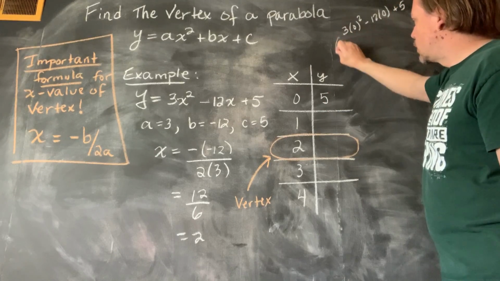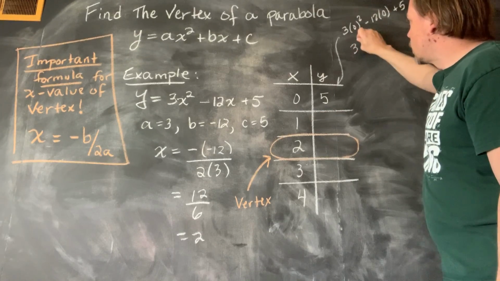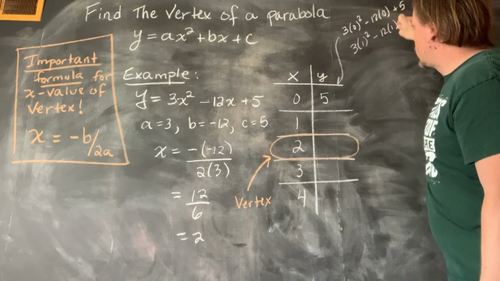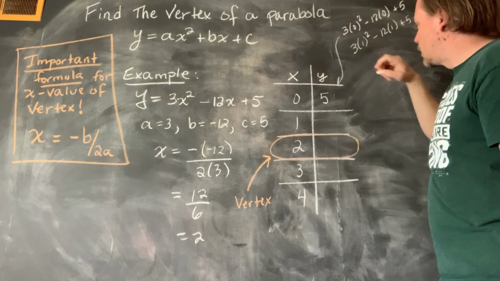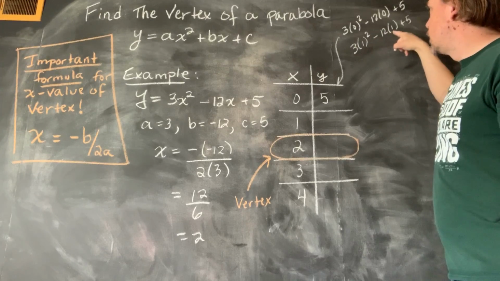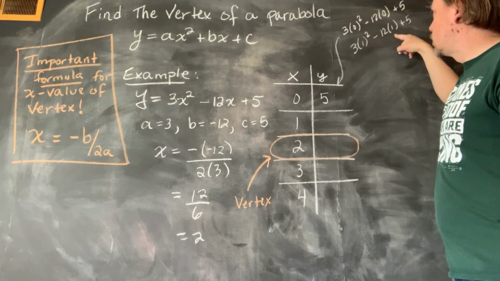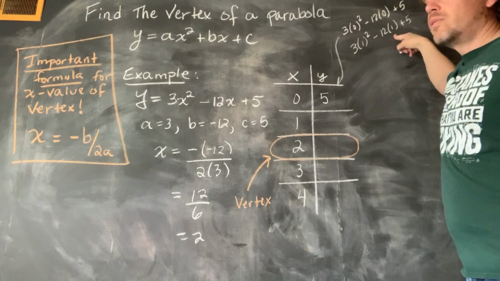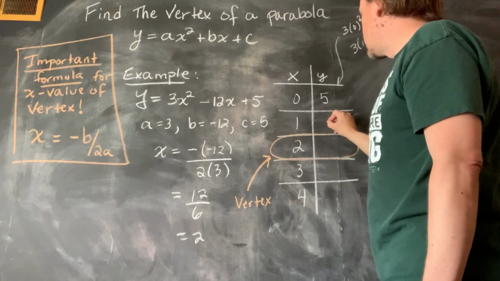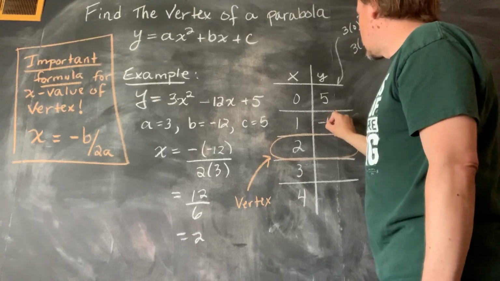The next one, when x is 1, I do 3 times 1 squared minus 12 times 1 plus 5. Well, 1 squared is 1. 1 times 3 is 3. 3 minus 12 times 1, that's 3 minus 12. So that's going to be negative 9 plus 5. Negative 9 plus 5 is going to be negative 4.